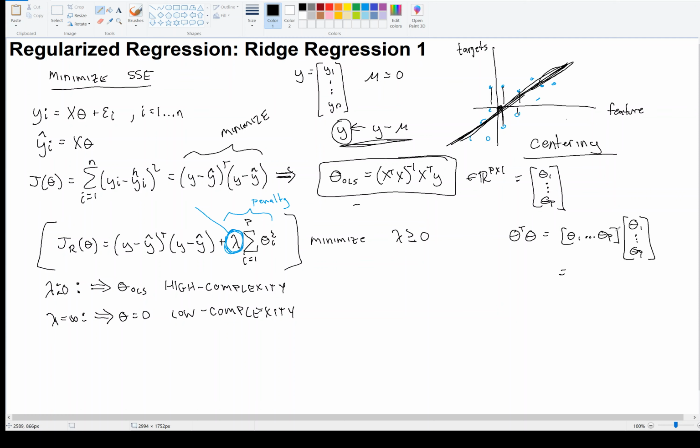Well, that gives you a 1 by p times a p by 1. That gives you a 1 by 1, a scalar. Well, what scalar is it? Theta 1 times theta 1, that's theta 1 squared. Then theta 2 times theta 2, theta 2 squared. Then dot, dot, dot, theta p squared. Well, that's exactly the sum in the penalty. You see that? So we can rewrite the ridge objective function like this.